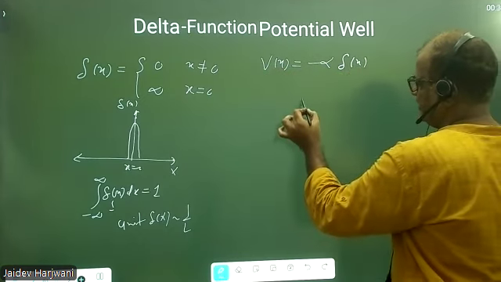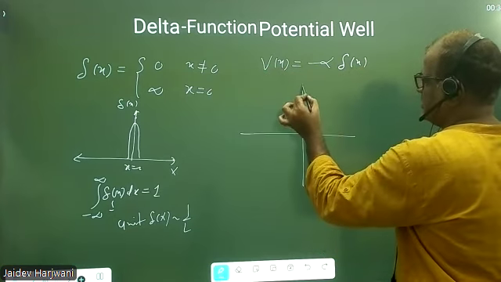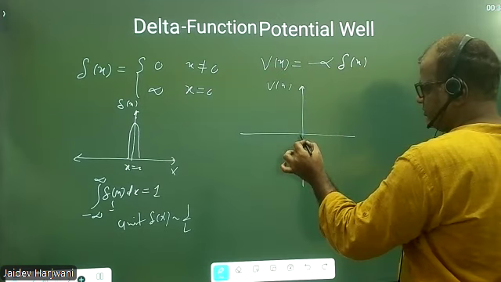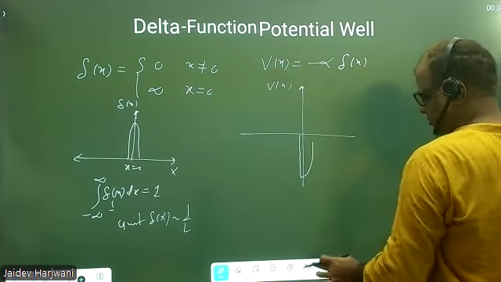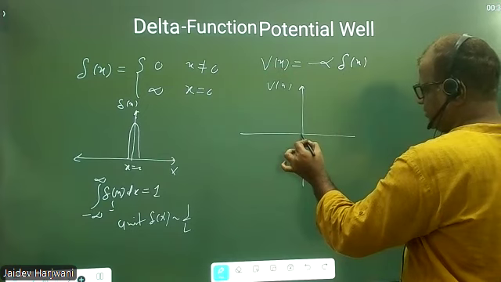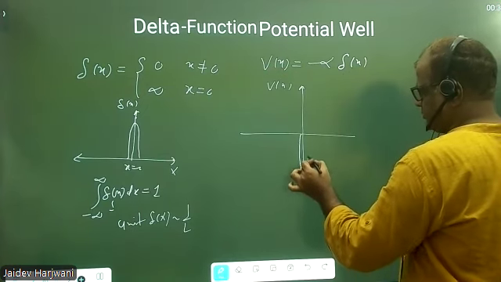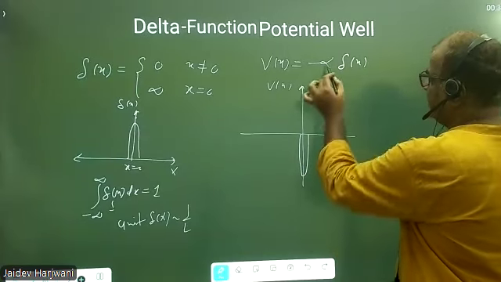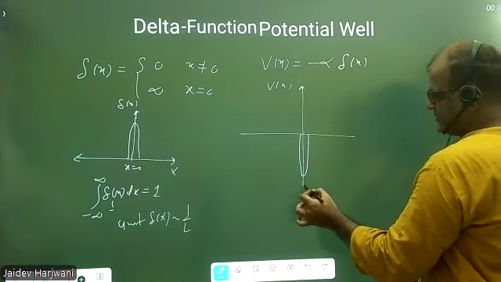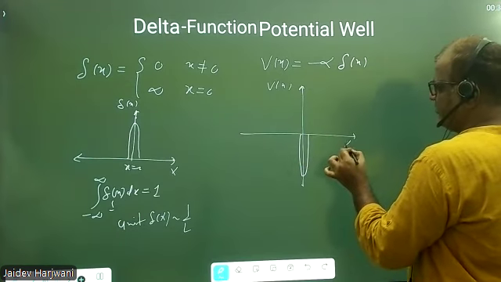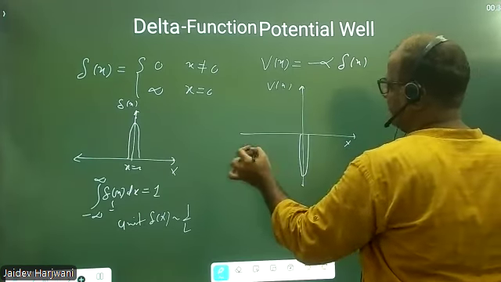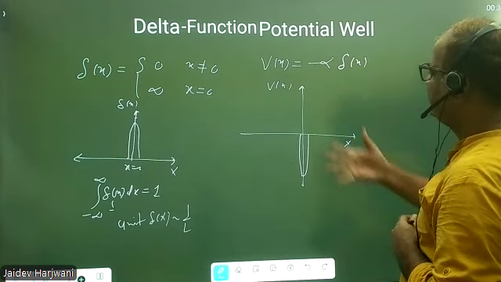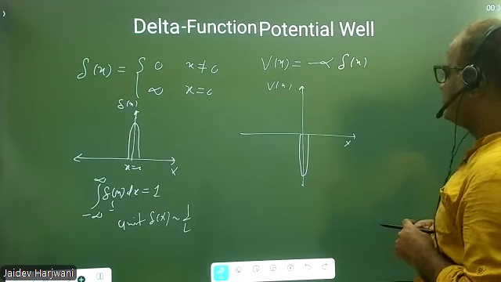If I draw my V x, which will be equal to minus alpha delta x, this is my potential well, the delta function potential well. This is the positive x-axis. Now for this type of potential, I want to solve the Schrödinger equation.